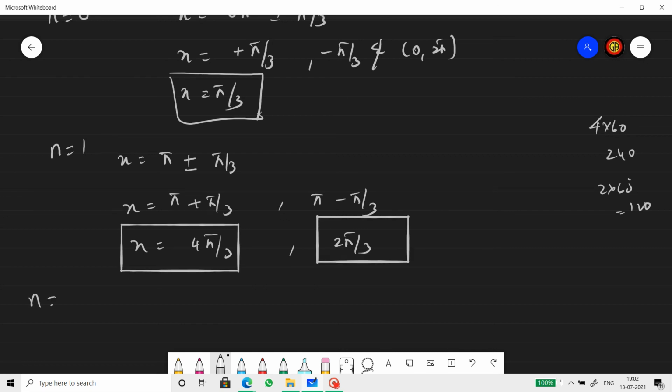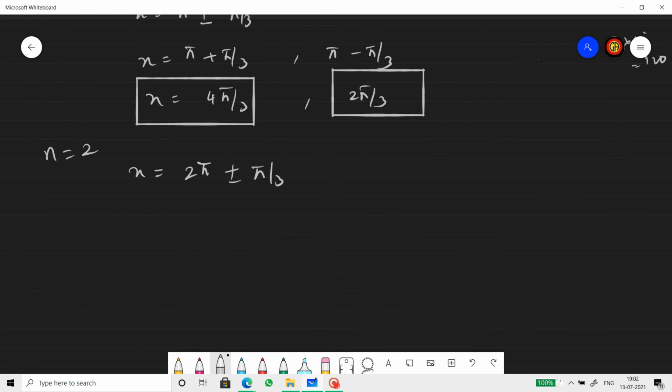Now n equal to 2. When n is 2, x is equal to 2 pi plus or minus pi by 3. With this, I get x is equal to 2 pi plus pi by 3, comma, 2 pi minus pi by 3.